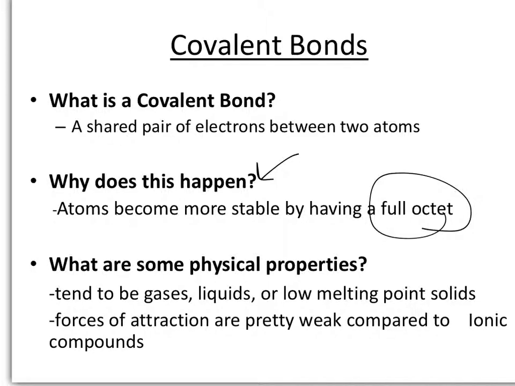Physical properties common in covalent bonds are that these tend to be gases or liquids, or it's pretty easy to melt them if they are indeed solid. So their forces of attraction are pretty weak compared to ionic compounds, which involve metals, not just nonmetals.